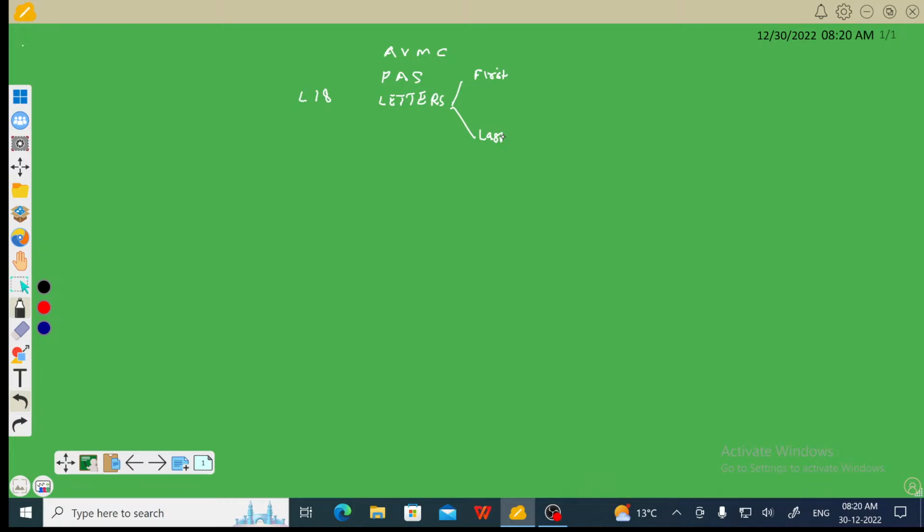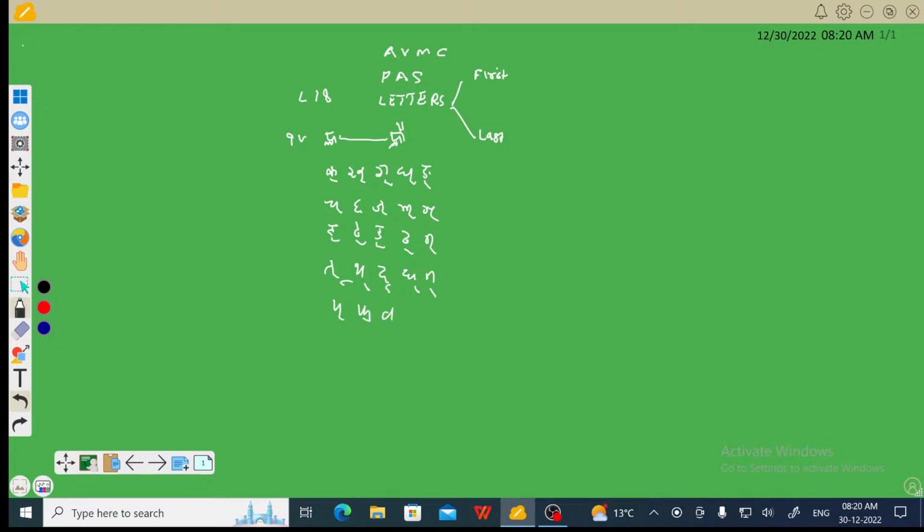We have 9 vowels, A to OU. Then we have 25 Varga consonants: Ka, Kha, Ga, Gha and Nga, Cha, Chha, Ja, Jha and Nya, Ta, Tha, Da, Dha and Na, Ta, Tha, Da, Dha and Na, Pa, Pha, Ba, Bha and Ma.